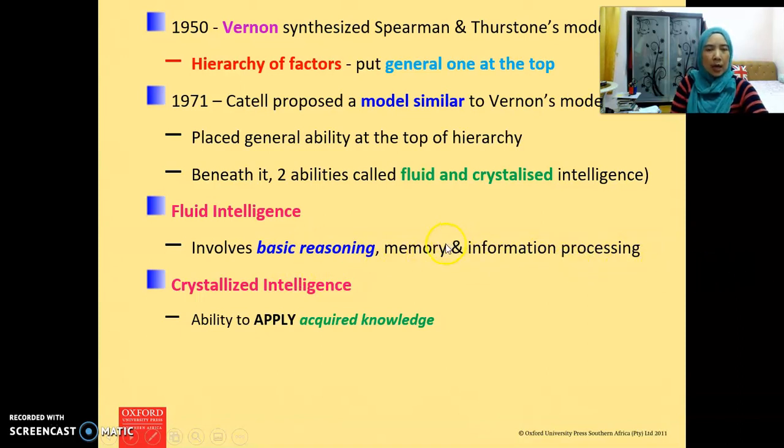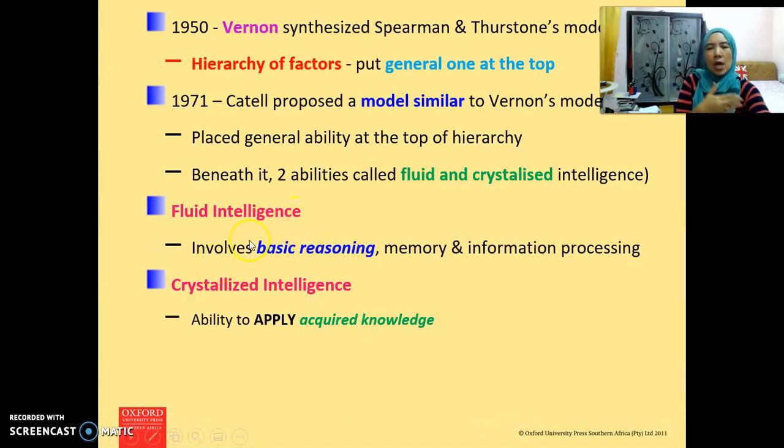When they are at an older age, if they have to learn new things, memorize new things, or process new information, it is quite difficult for them. So fluid intelligence is common among younger generations, but rarely found among older people.